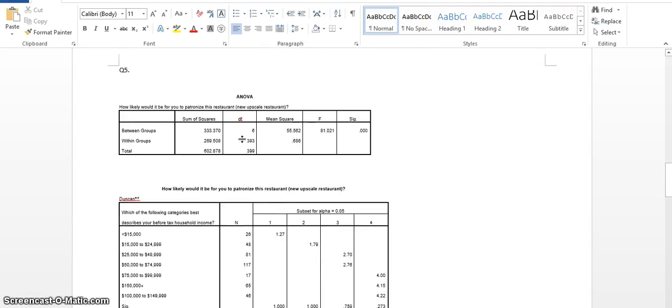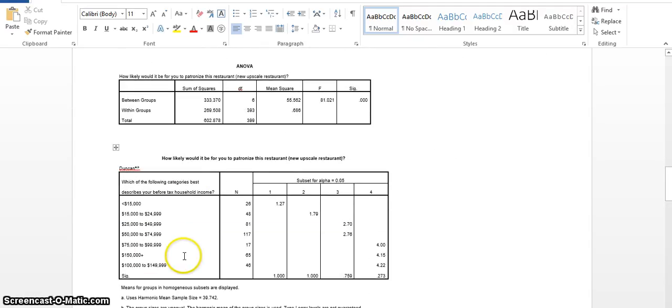For question 5, you will look at the income level. You will look at the sig value first. Again, same thing. If the significance value tells you something, then you'll go ahead and explain more in detail. If it's not significant, there's no point in explaining. So if it's significant, that means that the income level does matter, whether the likelihood for them to be a customer of the restaurant or not.